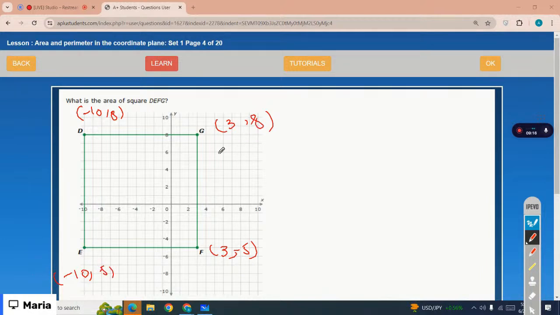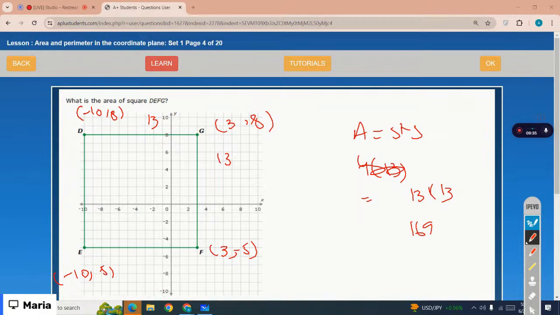So the side length is 13. Because you have to find the area, area is side times side. 13 times 13 is 169.